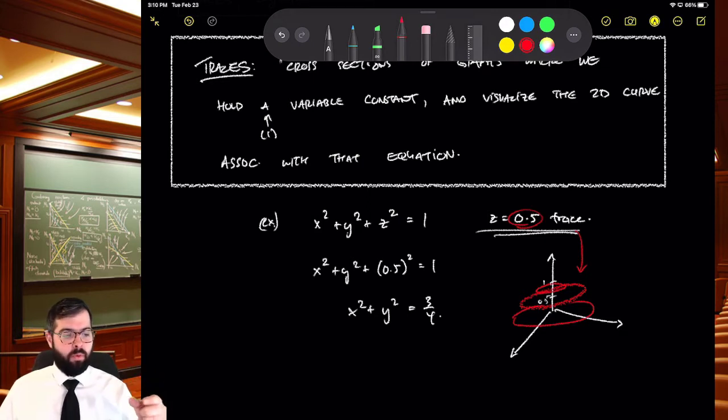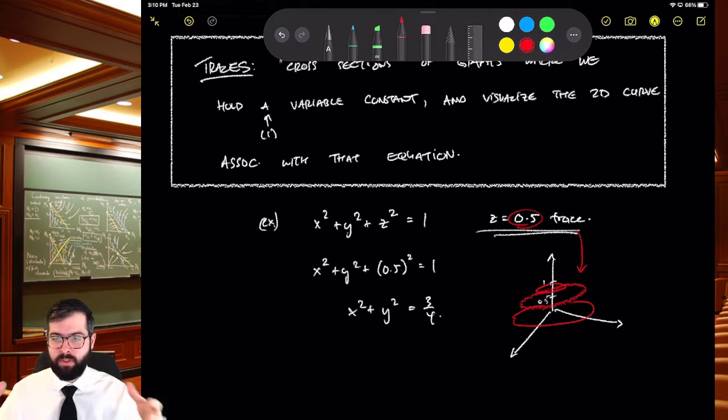And so what's nice is by holding one variable constant and letting the others vary, we can get these 2D graphs that tell us what the 3D graph looks like without having to lumber through it, right? And often those are really tough to draw. It's like building a contour map.